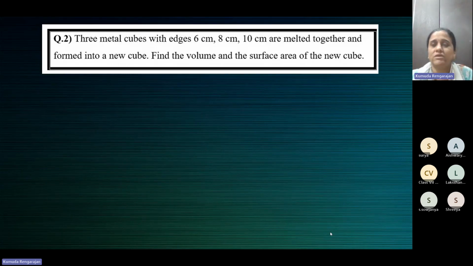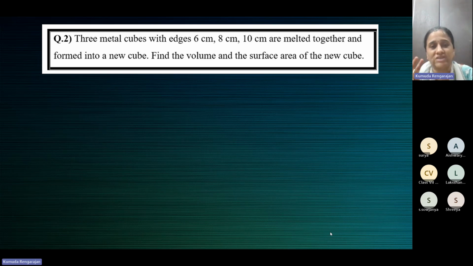So remember this: here we have three solids. When they are melted and transformed into a different solid, the volumes will be the same in both cases, assuming that there is no wastage in the conversion process.